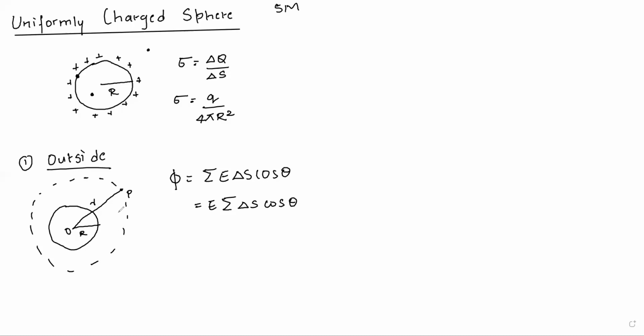Now if I draw a normal to this sphere, the normal drawn is in the direction of the electric field. They both are in the same direction. Therefore, cos theta becomes 1.